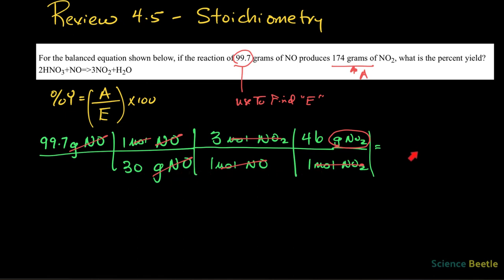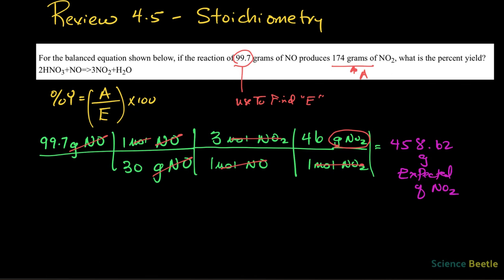And so let's work on the answer here. I'm going to take 99.7 multiplied by 1 divided by 30, and then I'm going to multiply that by 3 divided by 1, multiply that by 46. And so that should give me an overall final answer here. And I'll put this in purple, and that should give us a mass of 458.62 grams expected of NO2.